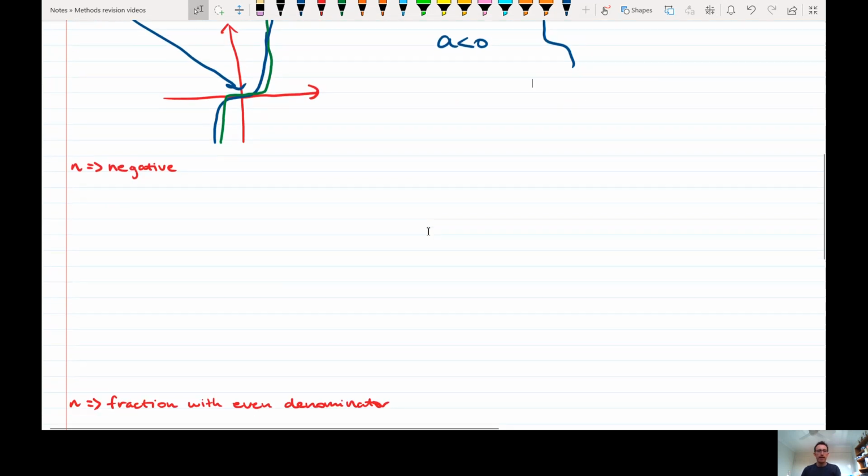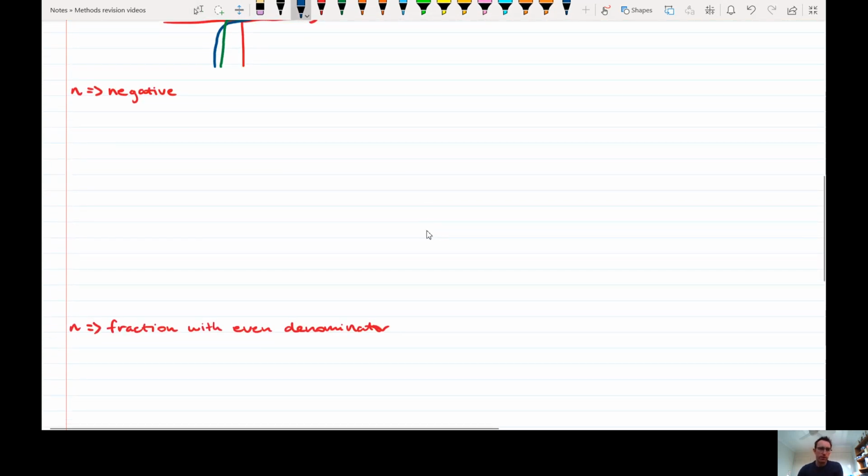Now, if n is negative and some form of integer, so I should write negative integer here, then h, k does not form a coordinate. This would be something like f of x equals a(x minus h) to the power of -1 plus k. Now, in this particular case, you're not going to have a coordinate forming for h, k.